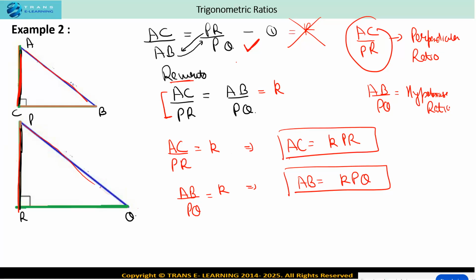Now what is the third side left? The side which is left, you are going to take in terms of the Pythagoras theorem. Remember, we are using the sides AC and AB, and in this triangle BC is left, and in the other triangle we are using PR and PQ, and QR is left. So I would be taking these sides which are left.